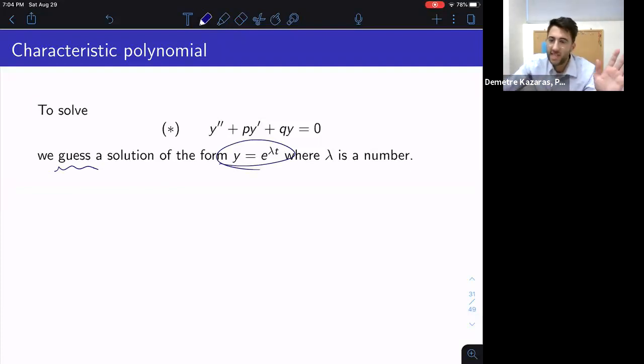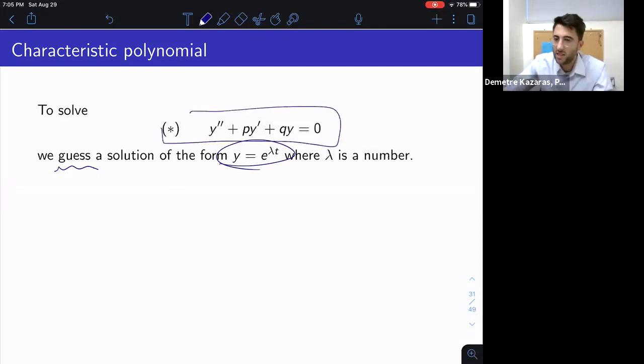We have a lot of evidence that a lot of these solutions are going to be exponential functions. We encounter some sines and cosines as well, but let's ignore that for now. Let's guess that we have a solution to this constant coefficient equation which takes exponential form. It's just e to the lambda t, where lambda is some number.